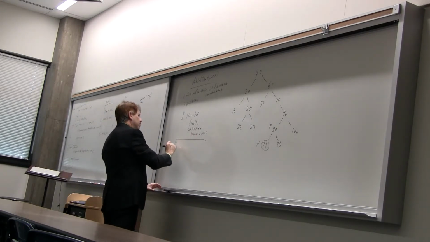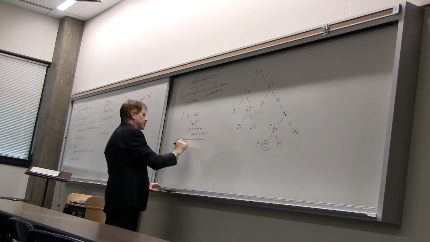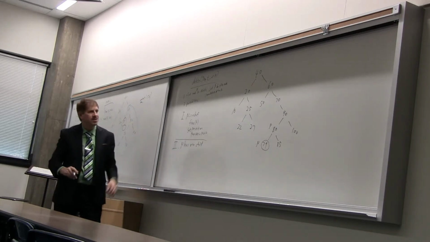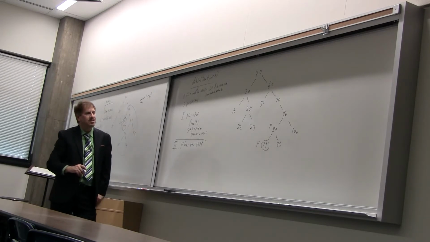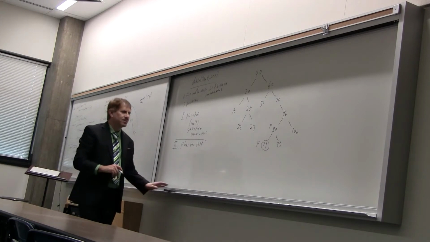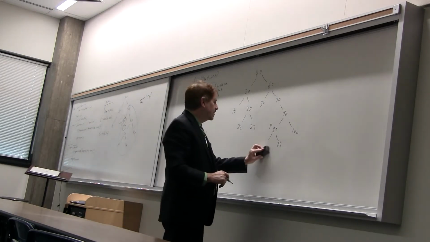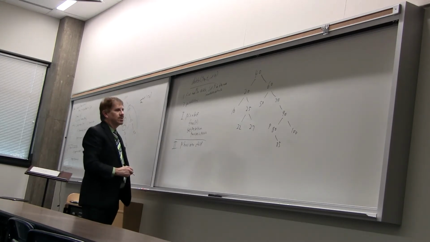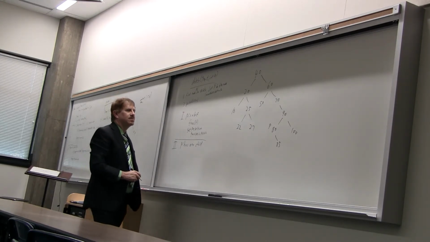Case 2, n has one child. So if it's a leaf, it's got no children. This case, n has a single child. So for example, I don't have any nodes with just one child. Well, let's say we deleted 79. All right, so now we want to delete 80.